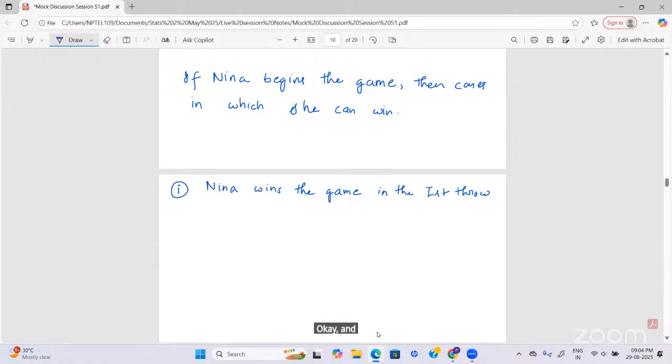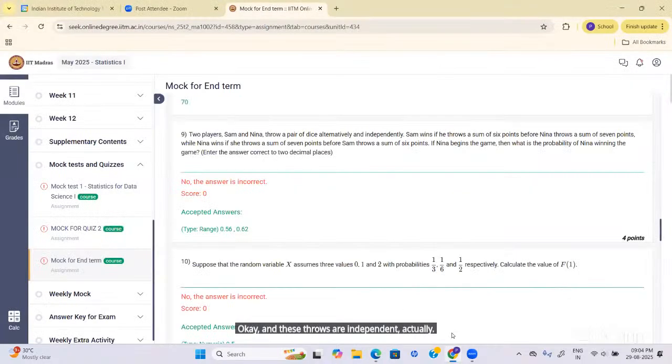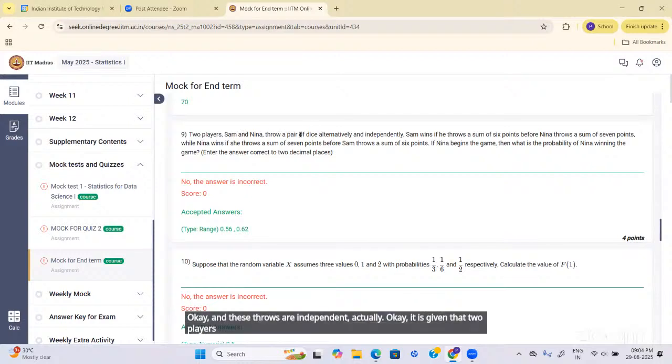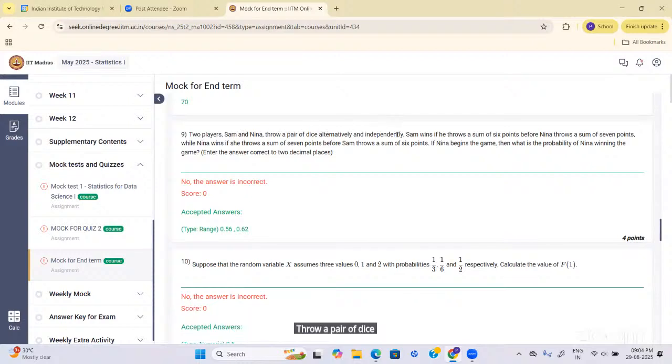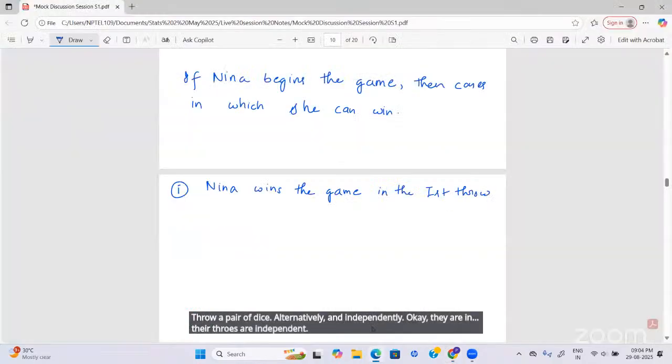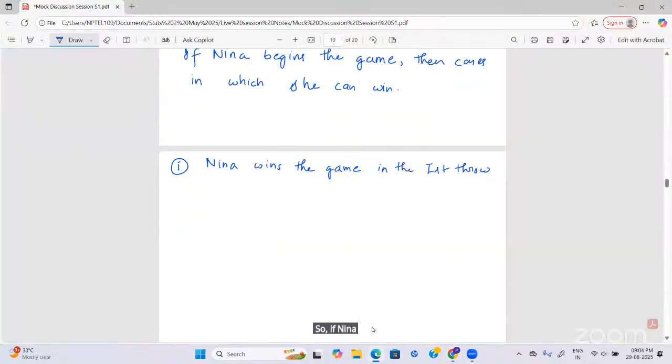These throws are independent actually. It is given that two players, Sam and Nina, throw a pair of dice alternatively and independently. So if Nina is winning the game in the first throw, what can be the probability?